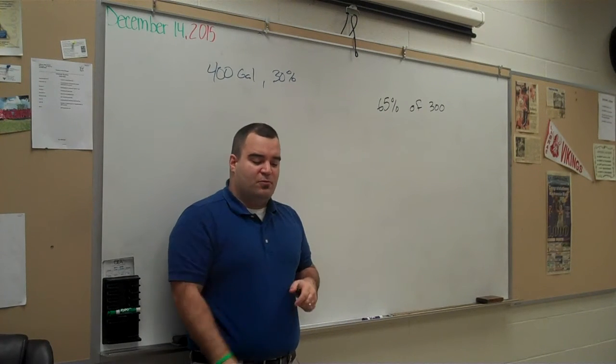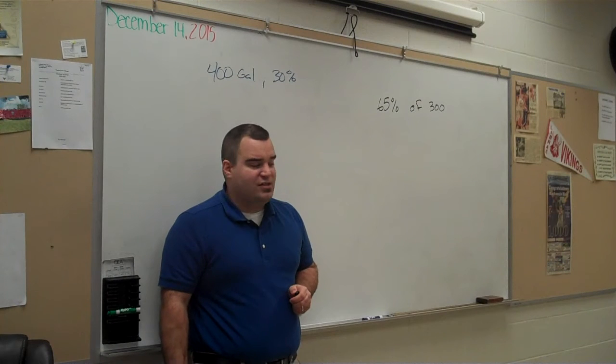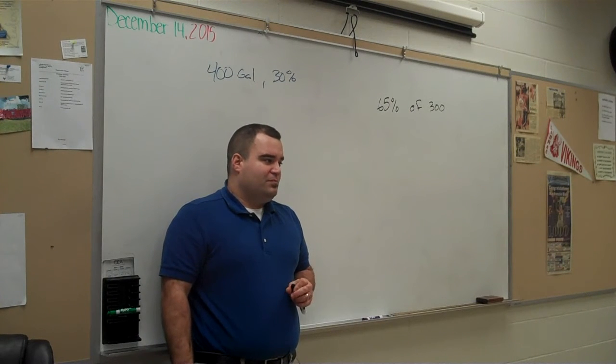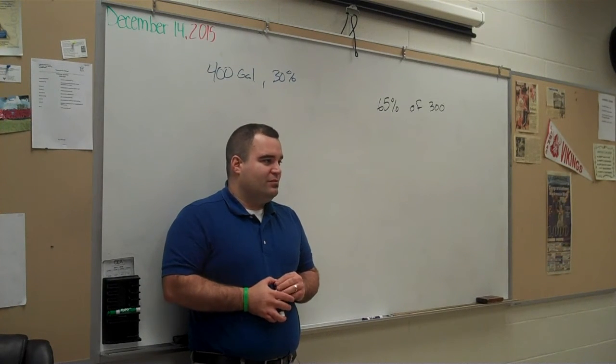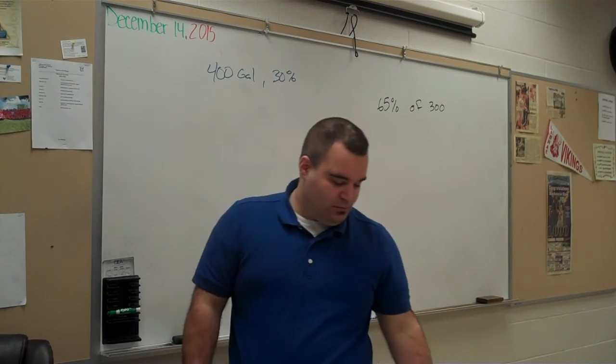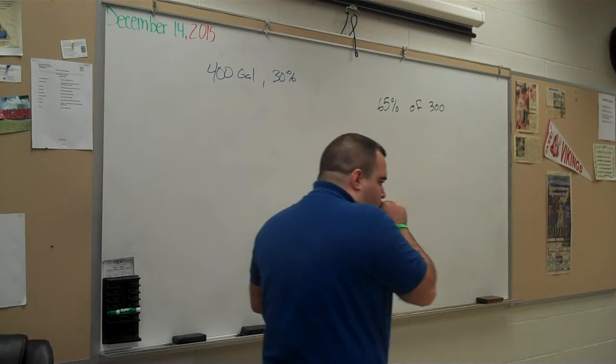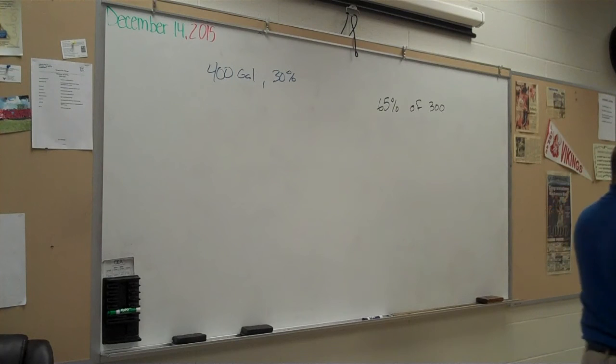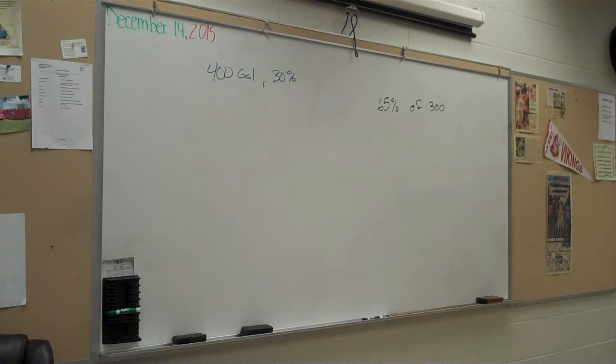You could do it any way you want. You could draw a model, you could do the fraction thing, or you could do it my way. Take a few moments. Don't worry about what's on the lines in your book. Do it the way you want to do it.